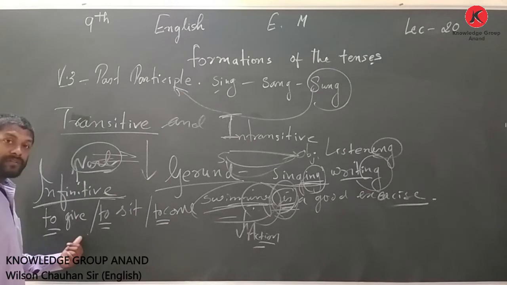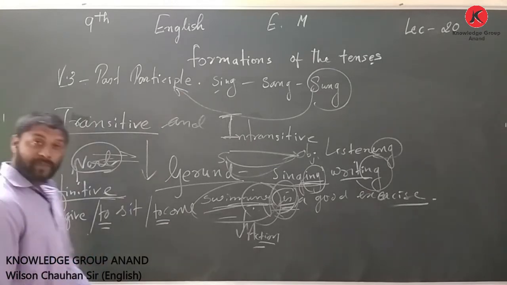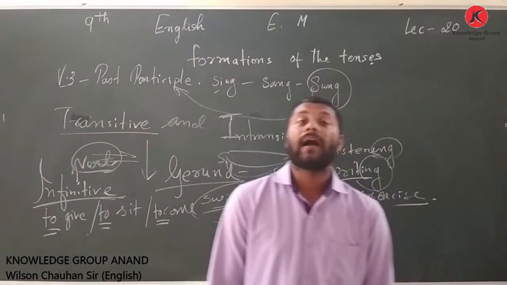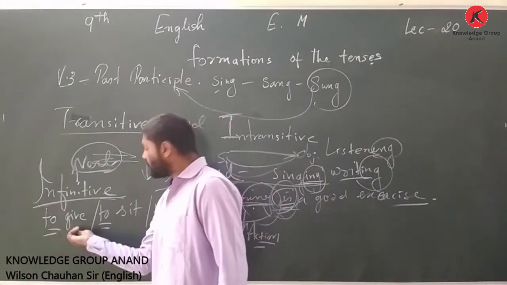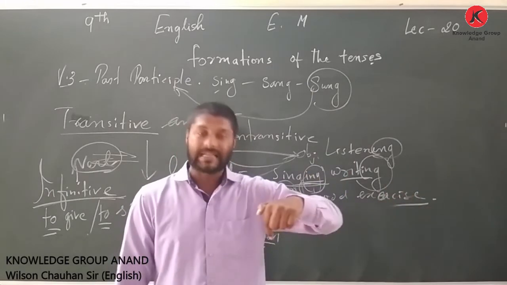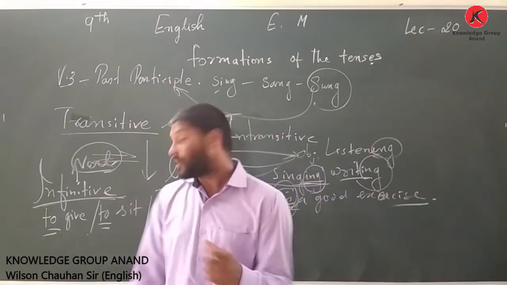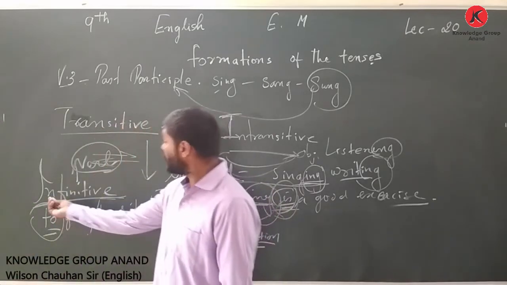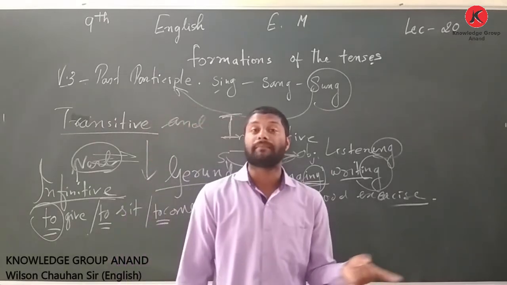To give due respect to the soldiers of our army is our duty. Now, to give here, to give due respect to our army is our duty. When the verb has been taken in the form of an infinitive, this again will not be counted as the main verb.